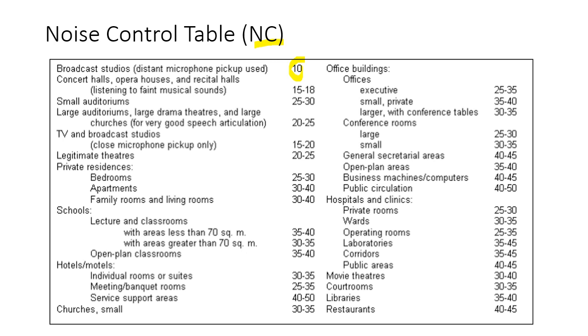And for different types of buildings, it will be different. For example, in hospitals and clinics, we have private rooms, wards, operating rooms, labs, corridors, and public areas. For different types of rooms in the hospital, there is a different noise control range. The unit is in decibel.